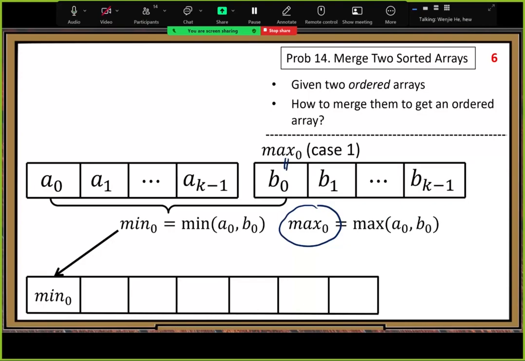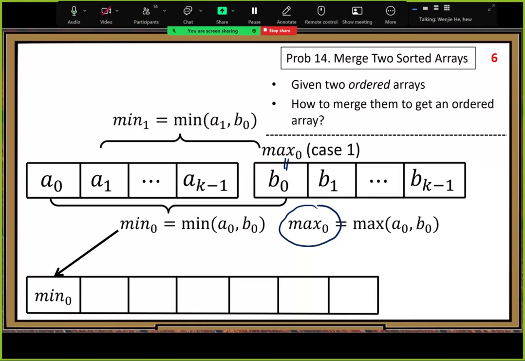Then, to find the next element in place, we need to compare B0 and A1, because A1 is currently the smallest element in the A subarray after we remove A0. We already put A0 in place, so we need to remove it from the current A subarray. So the next comparison is A1 and B0.